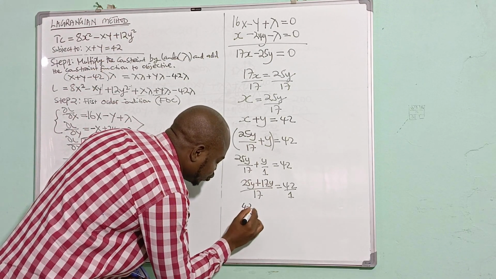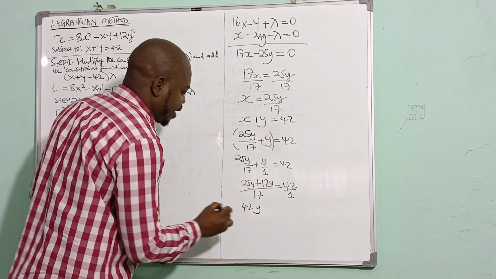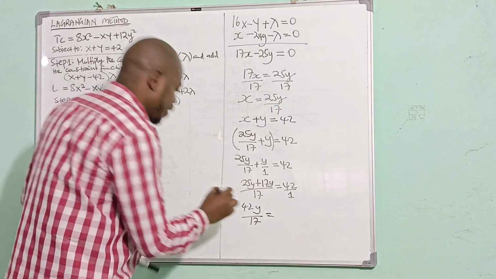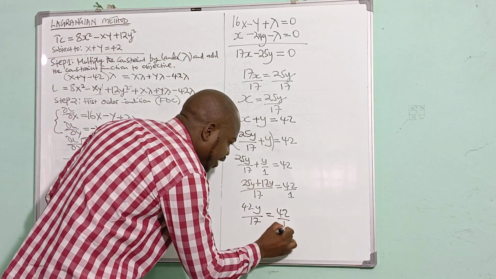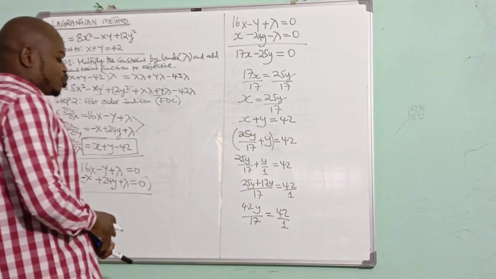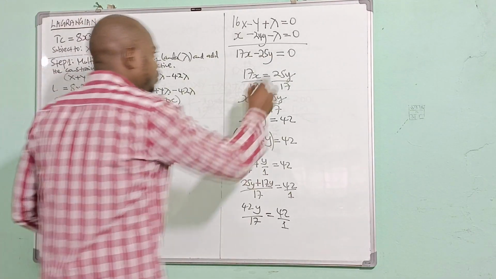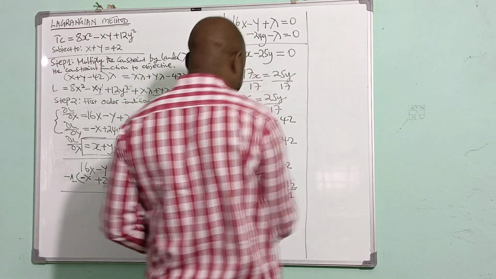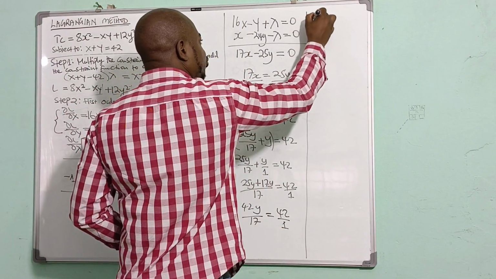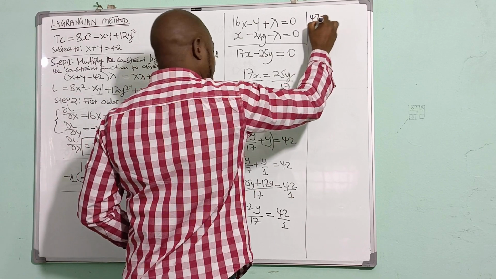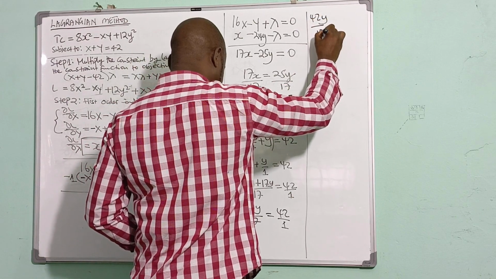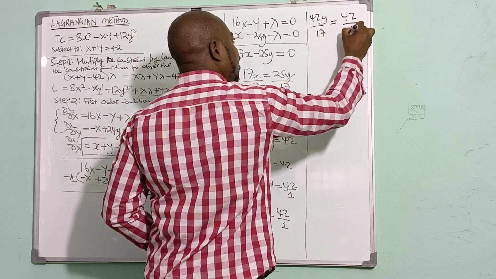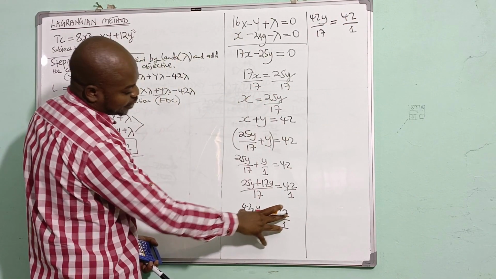So I have 42y over 17 being equal to 42 over 1. I can cross multiply here. I have 42y over 17 is equal to 42 over 1, I've just picked it the way it is there.